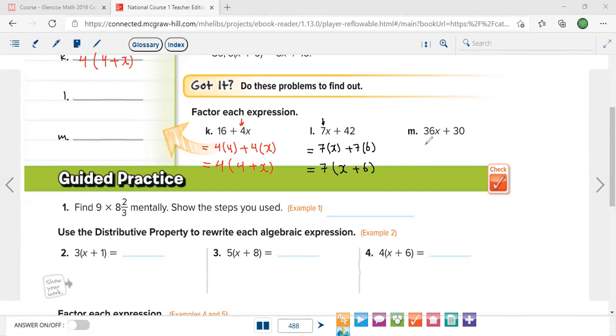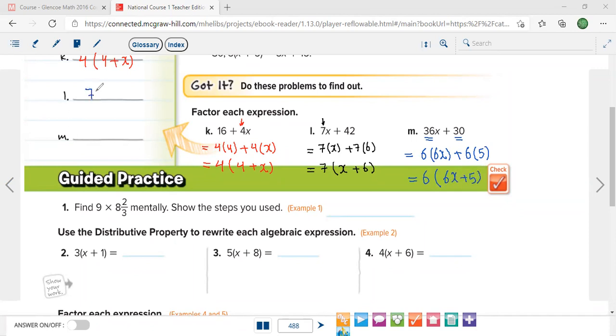For this one, you need to be a little smart so that you will think of 36 and 30 both exist in the table of 6, because you know 36 is 6 by 6. So we will write it like 6 multiplied by 6x plus here is 6 multiplied by 5. So take the 6 outside, it remains 6x plus 5 in parentheses.